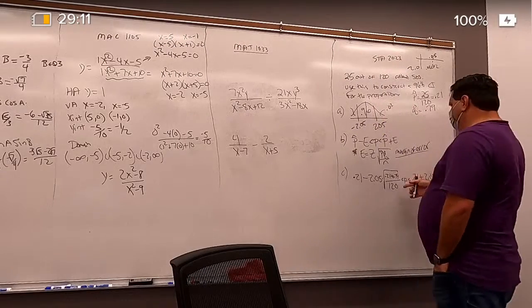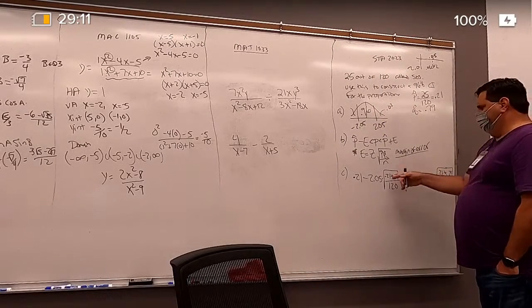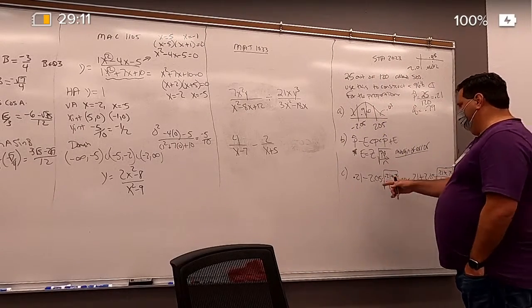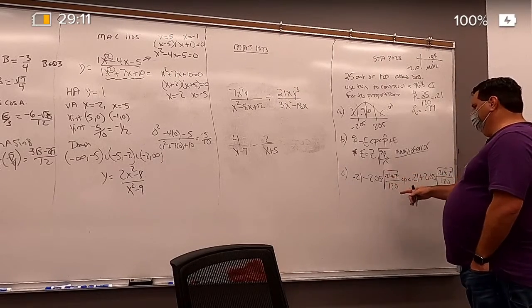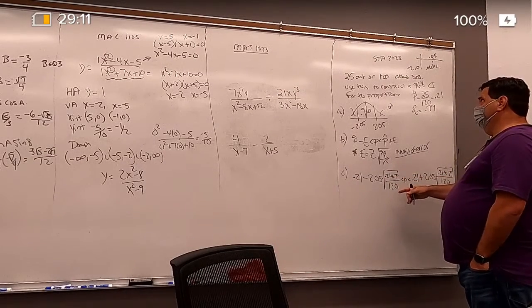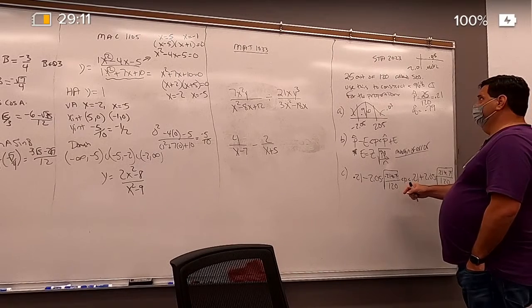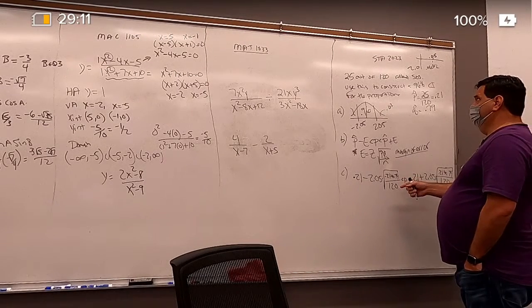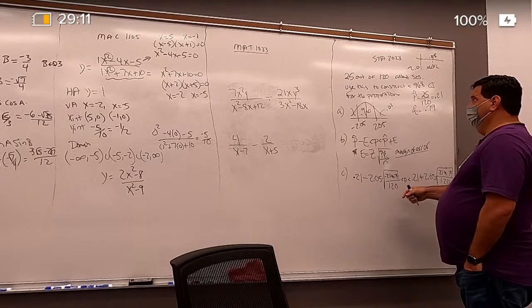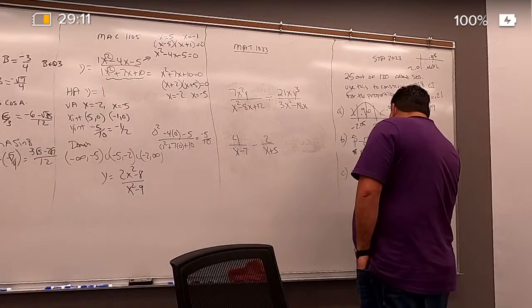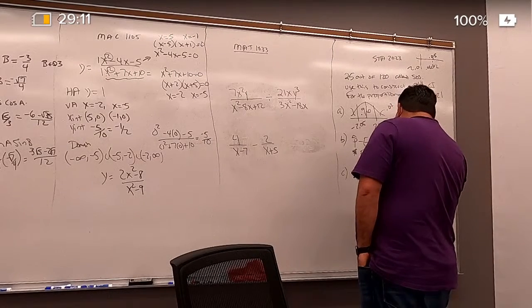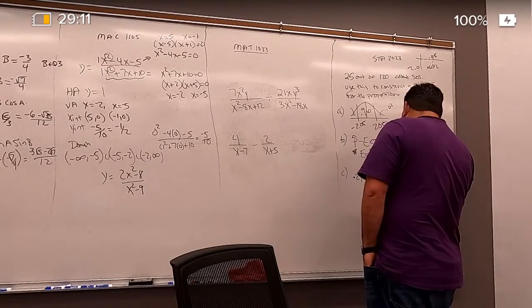0.2 times 0.8 is 0.16, square root is 0.4, 0.4 times that is 0.8, 0.82 divided by 11 is about 0.06. So 0.15 and 0.27.